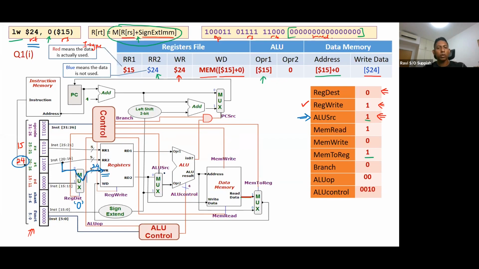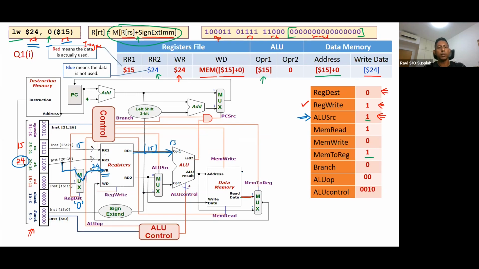The ALU source again has two possible inputs, which is to select between RD2 and the immediate value. For this instruction, we are going to compute the address based on the RS value and the immediate value. The RS value is automatically coming from RD1. So this is 15, and the data in register 15 is coming here.